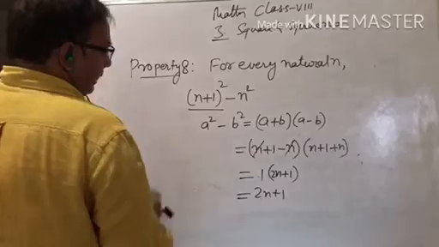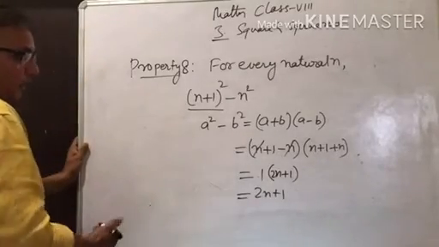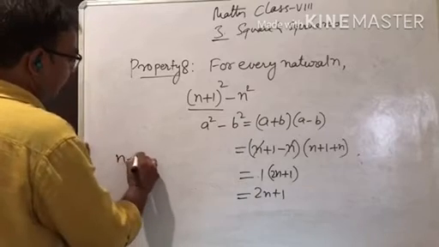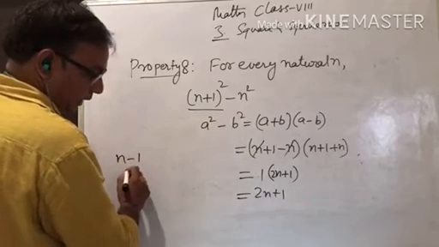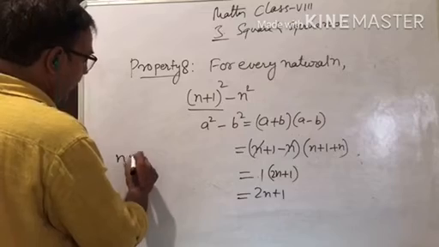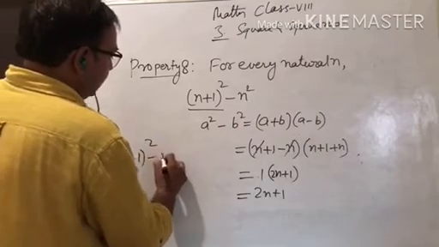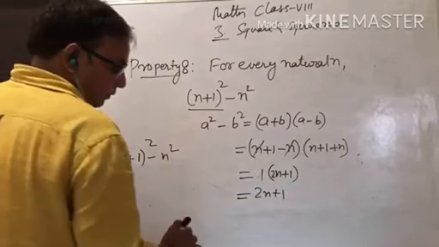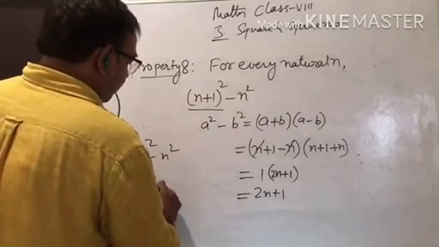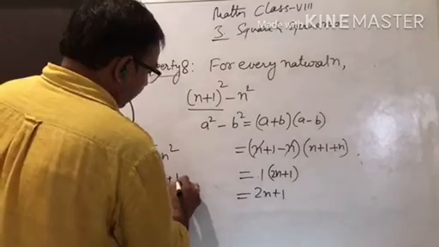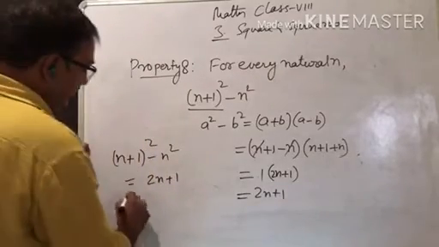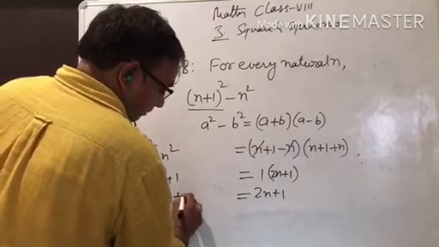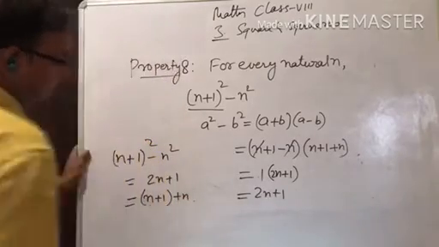So you can write, if you want to, n plus 1 whole square minus n square is equal to 2n plus 1, or you can write n plus 1 plus n.